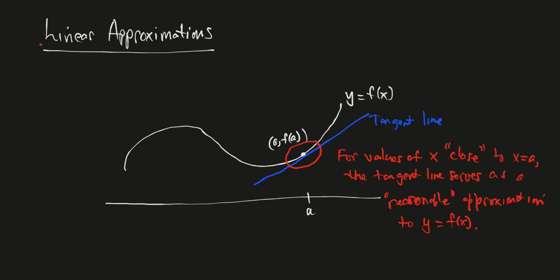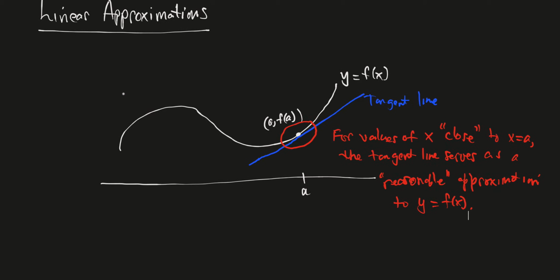And that's why we use the phrase linear approximation. We're going to be using a line to approximate a curve. What line? Well, the tangent line. All right, so here's just some other notation that's a little bit different from what we've done.